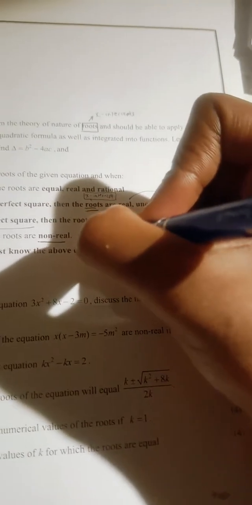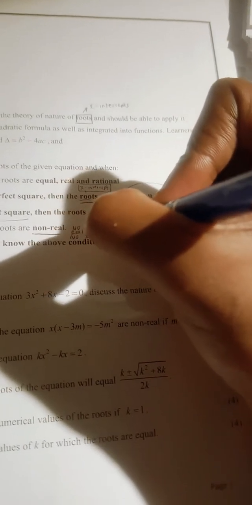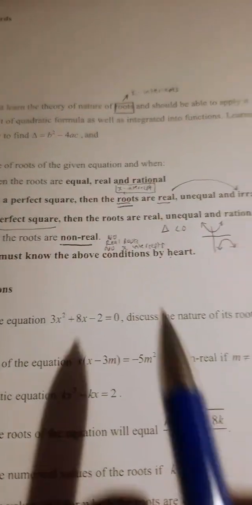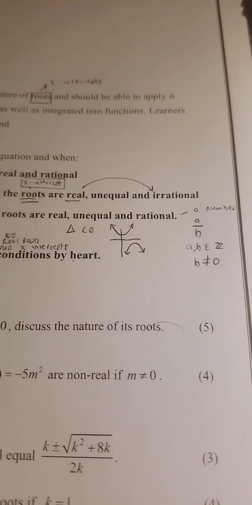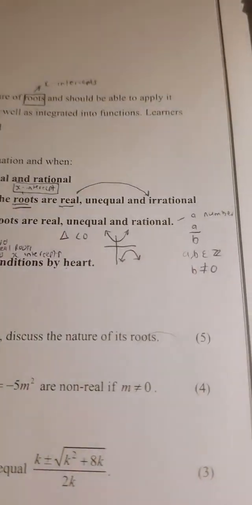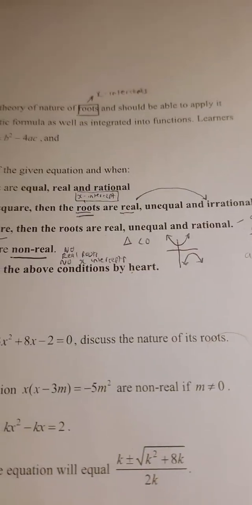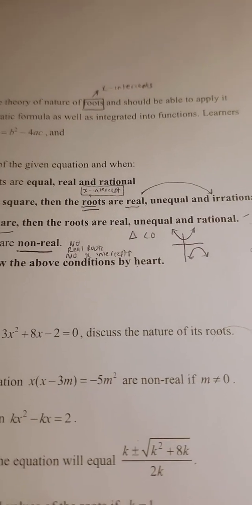In other words, there are no x-intercepts. No real roots, no x-intercepts. That's why this graph does not cut through the x-axis at all. And this one as well is not cutting through the x-axis at all, because it possesses no x-intercepts. It has no real roots.